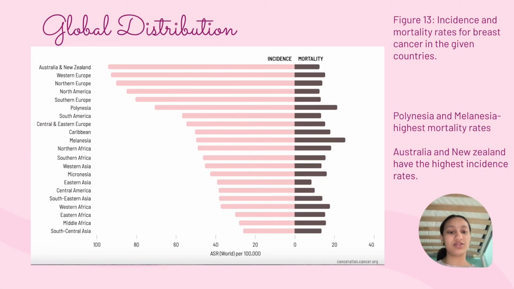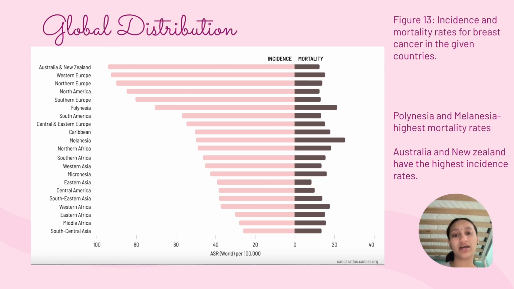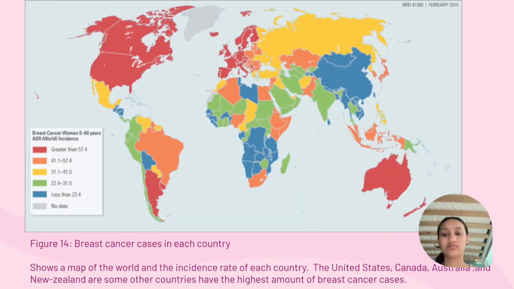Global distribution. Figure 13 shows the incidence and mortality rates for breast cancer in the given countries. It shows that Australia and New Zealand have the highest incidence rates, while Polynesia and Melanesia have the highest mortality rates. My source for this is Cancer Atlas.